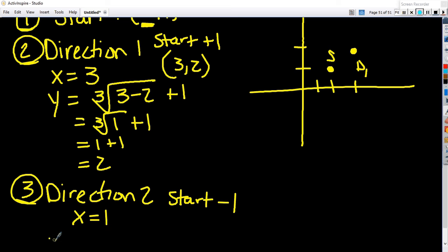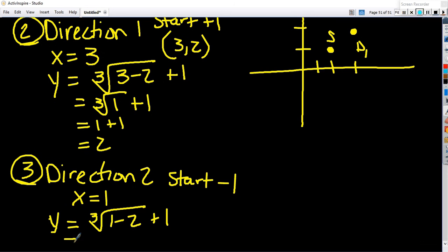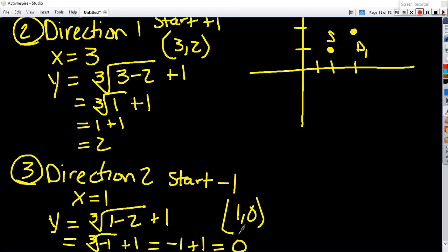I'm going to plug it in. Cubed root of 1 minus 2 plus 1. Here's where my change comes in. What's the cubed root of negative 1? Negative 1. And negative 1 plus 1 is, so this point is, this is D2.